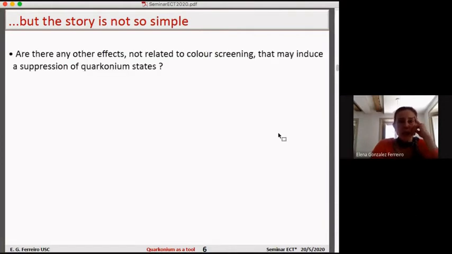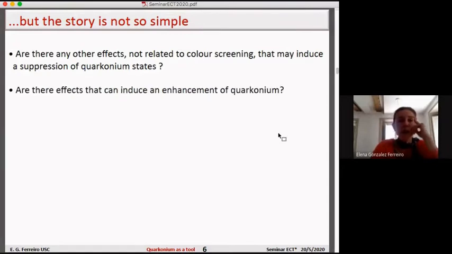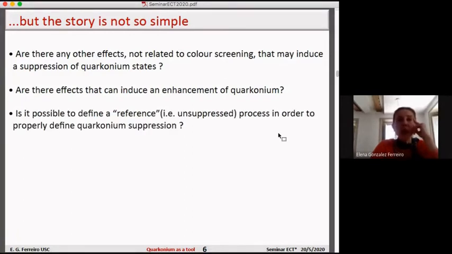First, are there any other effects that are not related to color screening, but that may induce a suppression of a quarkonium state? Second, are there effects that can induce an enhancement of quarkonium production instead of a suppression? Also, it is very important to have a reference: in order to consider that a state has been suppressed, you need a reference.